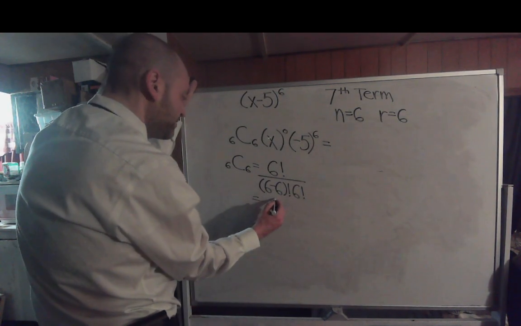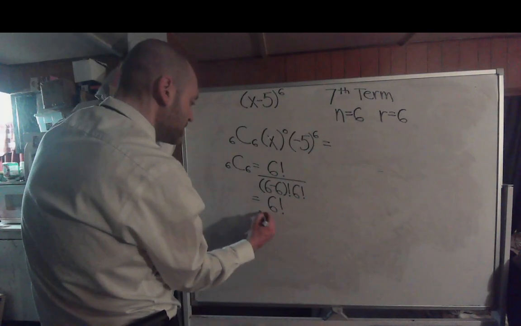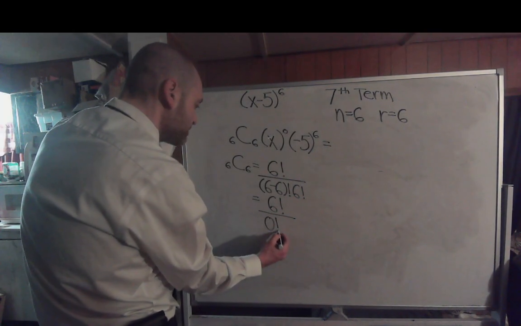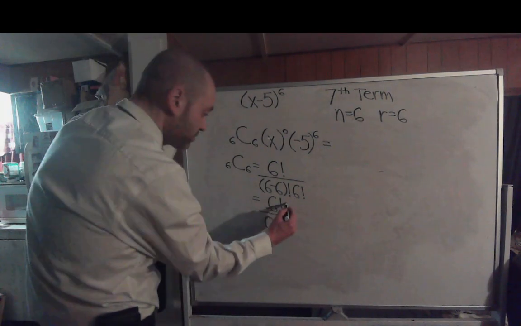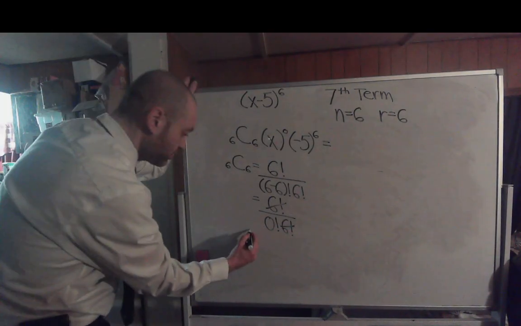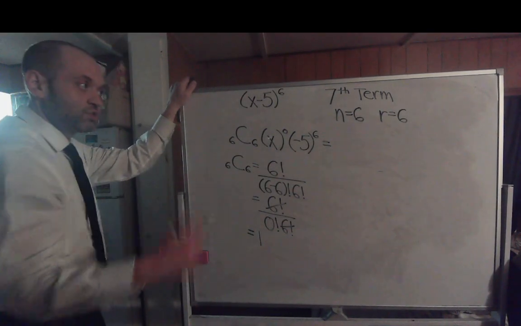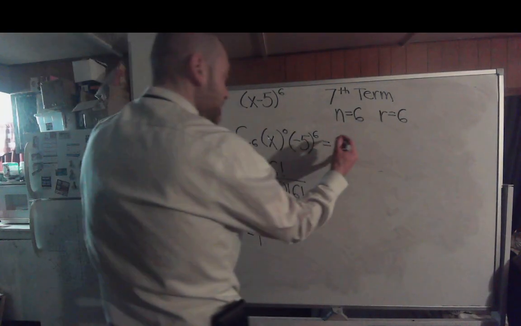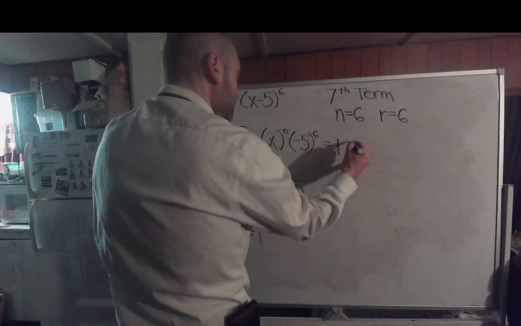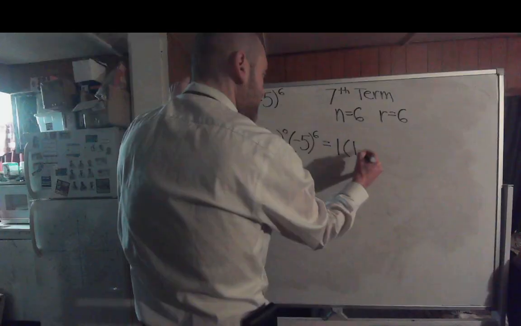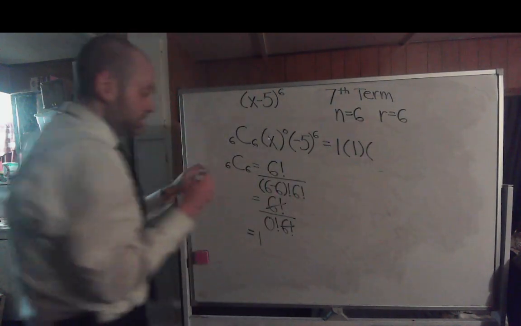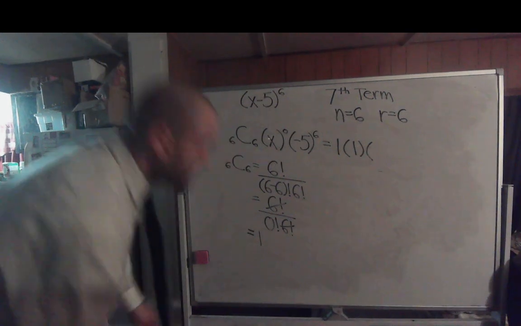So this would simplify into 6 factorial all over 0 factorial times 6 factorial. Well, the 6 factorials cancel out, 0 factorial is 1, so the combination is 1. Literally. So you would get 1 times what is x to the 0? That's just 1, right? So you actually have another 1. You just got to take -5 to the 6th now.